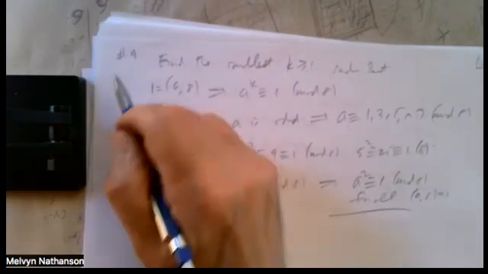So the answer to problem 9, part A, is 2. A squared is 1 mod 8 for every odd number a. Any questions about this?